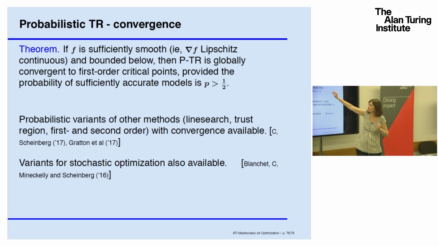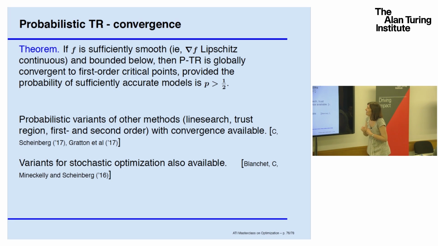Then the probabilistic trust region method is globally convergent with probability 1, provided these models are sufficiently accurate with probability greater than 1/2. That's very weak. That's a lot of failures in your processors. I hope you don't have such a bad cluster. So we can actually give a lot of guarantees under very weak assumptions on your models. These methods are actually incredibly robust.